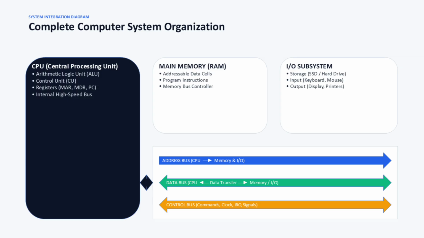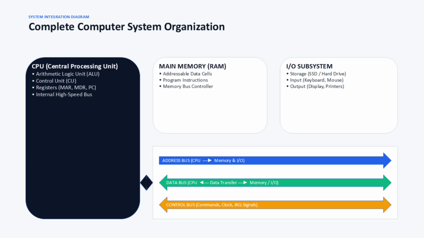Now let's focus on the three buses showing at the bottom of the diagram. The address bus carries addresses from the CPU to memory and input-output devices. Its job is simply to identify the required location. The data bus carries the actual information in both directions.